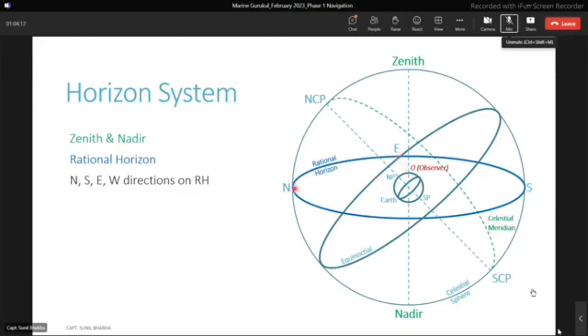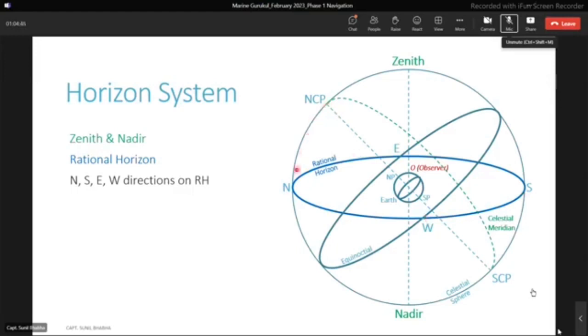Now, if you move towards the left side from the north point, starting from the north point, if you move towards the left, 90 degrees away from the north point, wherever you reach is the west direction on your horizon. So these points which you see here, north, east, south, and west, represent the directions on the rational horizon.